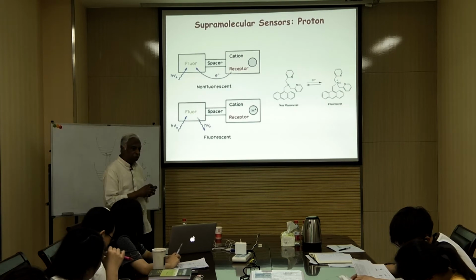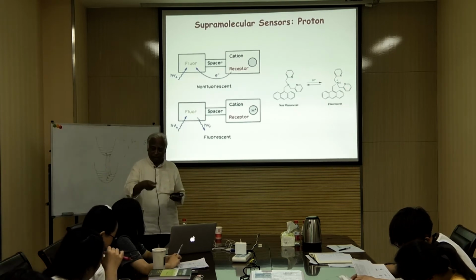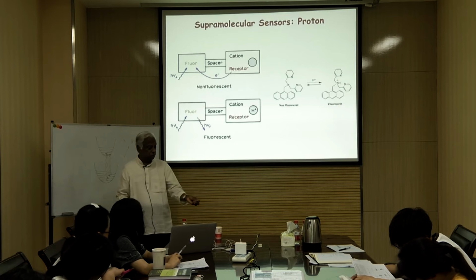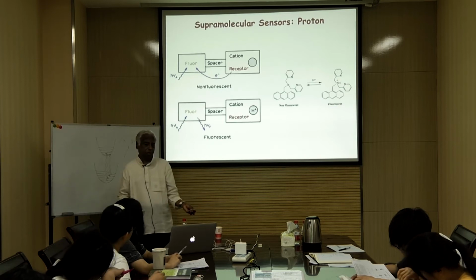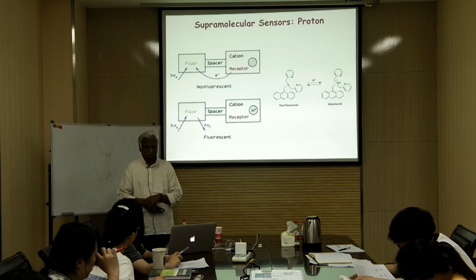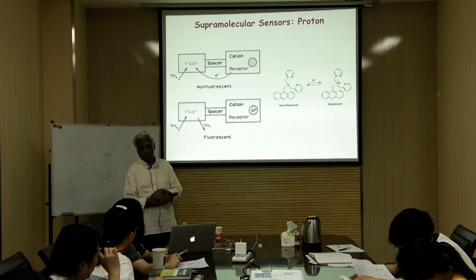If you take a fluorescence spectrum, you will not see anything. If you add acid to the solution, you will see strong fluorescence. That means there is a proton in the solution. Tell me why this is not fluorescent and why this is very strongly fluorescent.